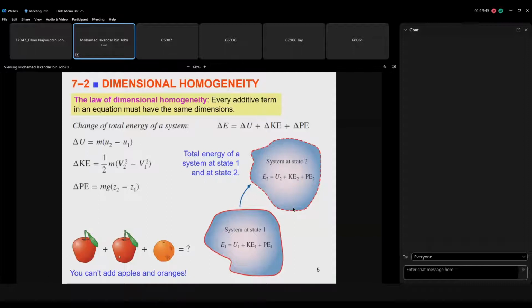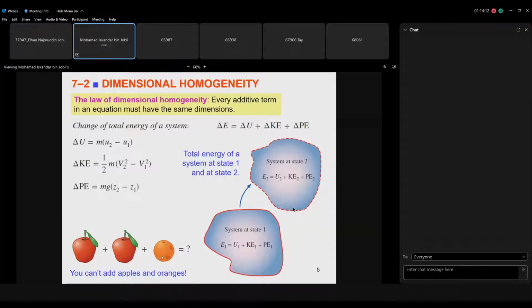Apple plus apple, how much is that? If you have two apples, that's right, you have two apples. What if you have apple plus orange? Would you be able to define this in an equation? You can't.